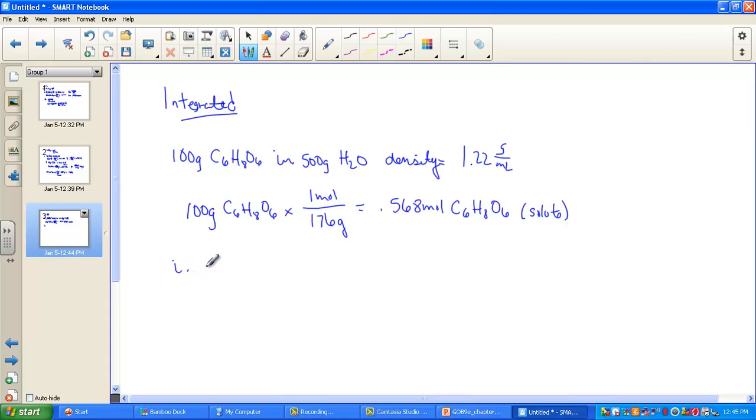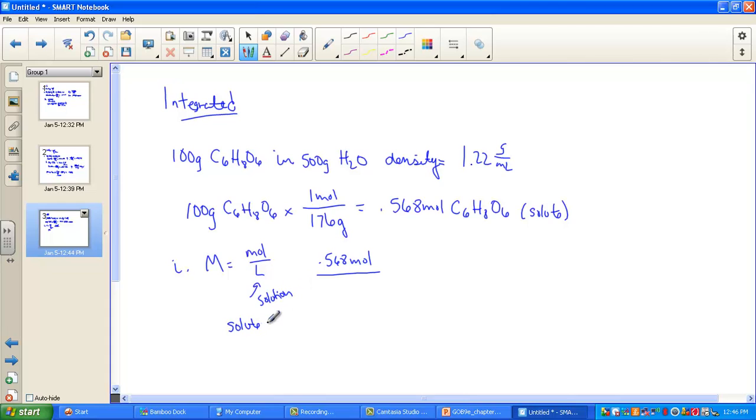The first of our problems here is big M, molarity units. Big M is moles of solute per liter of solution. Well, we just determined 0.568 moles of solute, but we have grams of water. Now, remember this down here, this is of the entire solution, isn't it? The solution contains two parts.